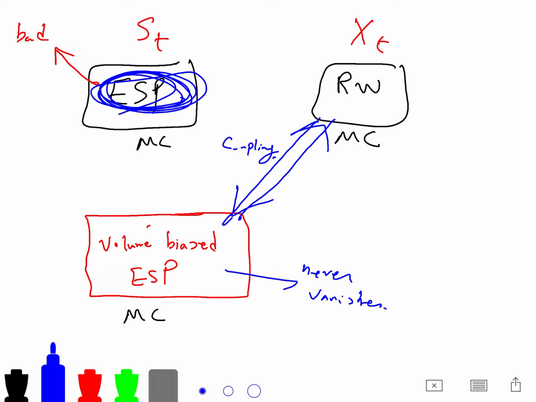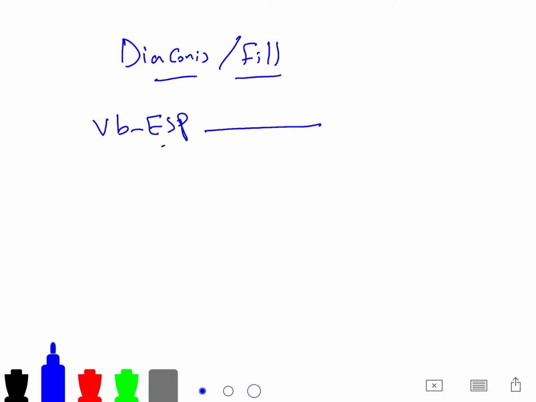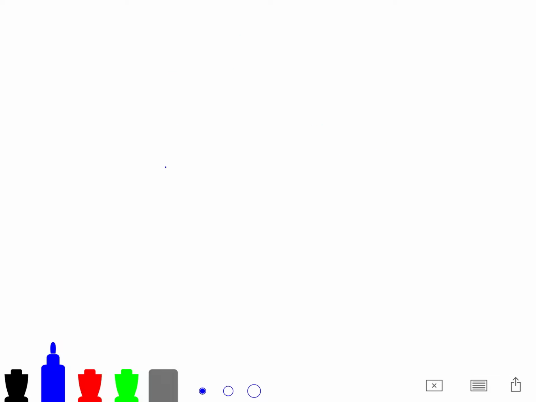So the volume biased ESP is also a Markov chain, and we'll define it by describing a coupling due to Diaconis and Fill, these two guys. So there is a coupling between a volume biased ESP and the random walk X_t. The process is like this.